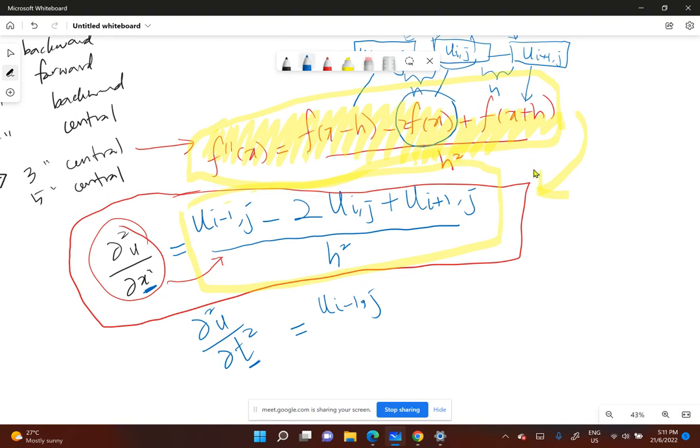Tak apa. Ilham, is it correct? Yang ni sama. Macam ni Adib. Ilham, betul tak? I think so. You think correct?